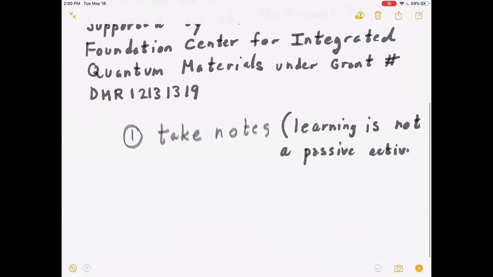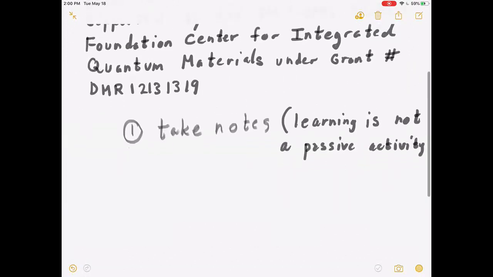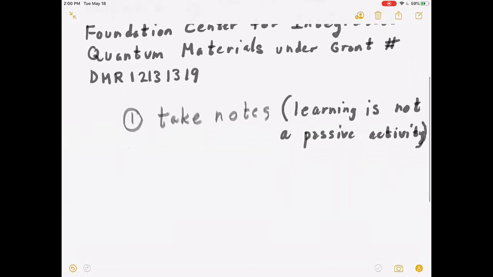So by sitting back and watching me write on a whiteboard, you're not going to learn anything. Now, these lectures will be video recorded, and you'll have the capability of going back in time and looking at them. But I think it's interesting that if you're looking at these lectures in real time, sit down and take notes. Even if you look at the videos, that forces you to really make sure that you understand what's being discussed.